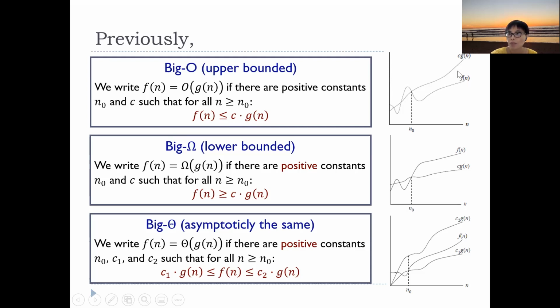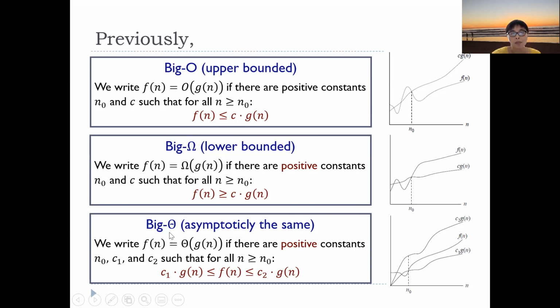So f of n is always below c times g of n. Intuitively, this is analogous to two numbers where f is smaller than g, but here it is up to a constant. Now, big omega says that when n is large enough, f is always bigger than g of n, up to a constant. There is some constant to make this hold.